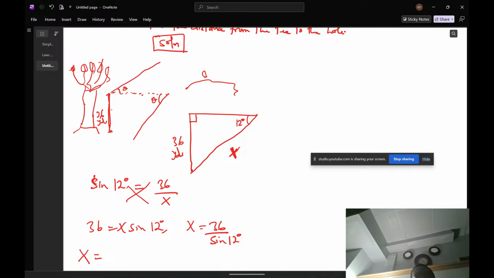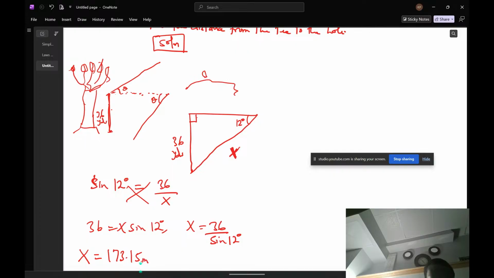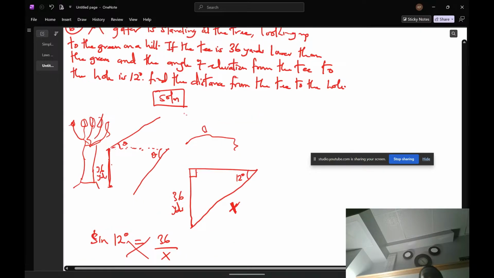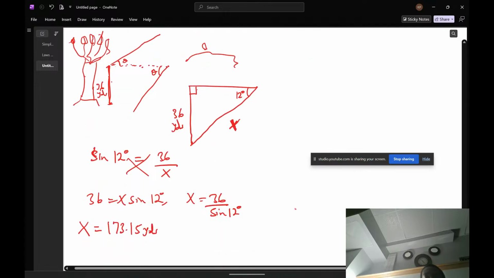If we do 36 divided by sine 12, we'll get 173.15. Let's call it yards. So that will be the distance from the T to the O.